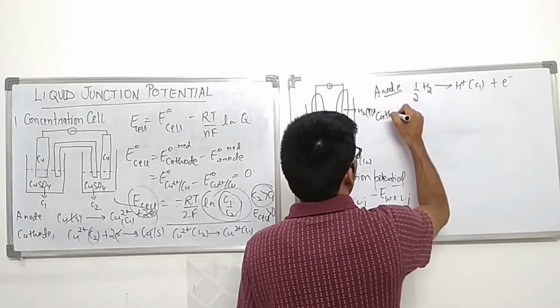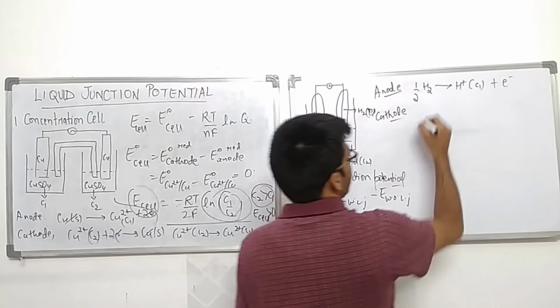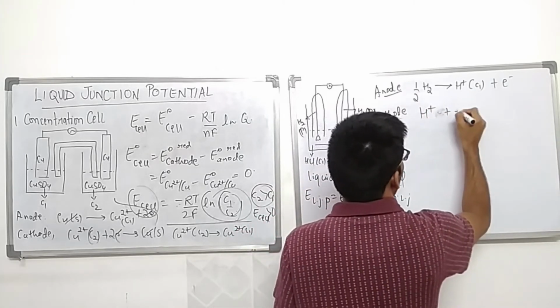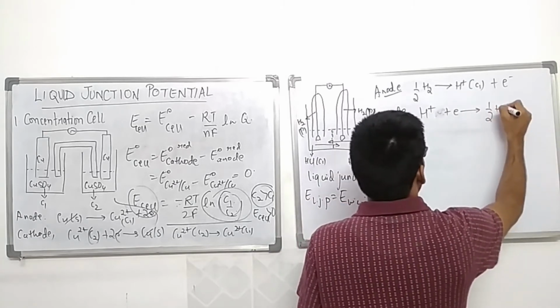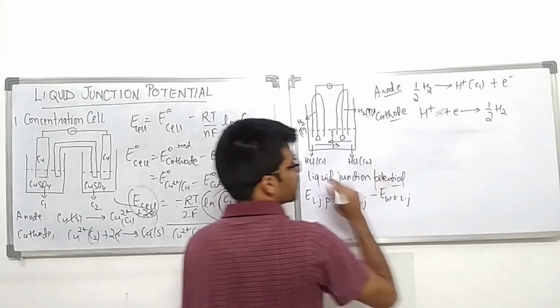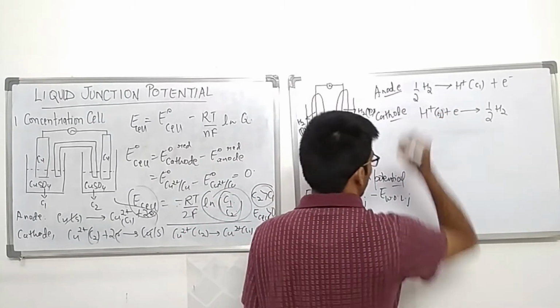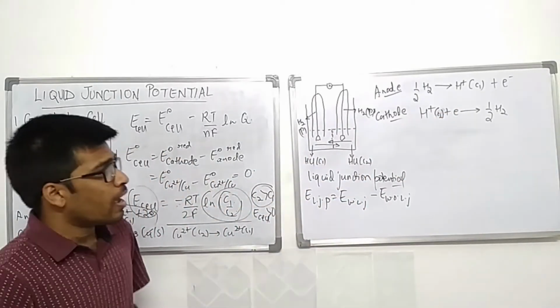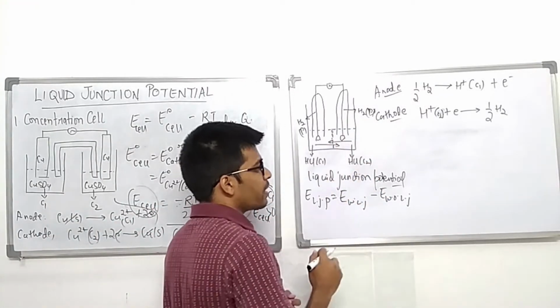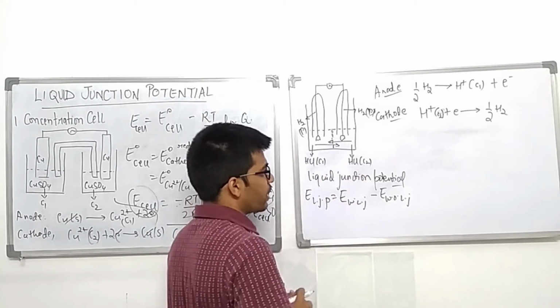Now at the cathode, I would expect H plus to take up the electron and get reduced to half H2. Now this H plus is in the other half cell which has a concentration of C2. Okay, now apart from this, there is a movement of ions that we are considering, and what are those ions? H plus and Cl minus.